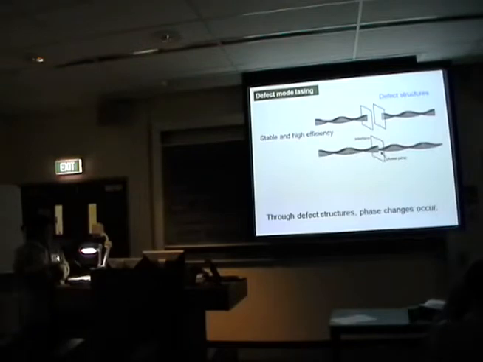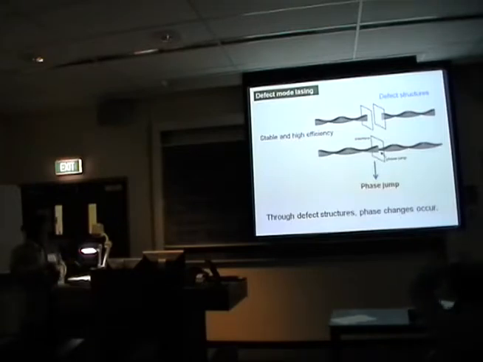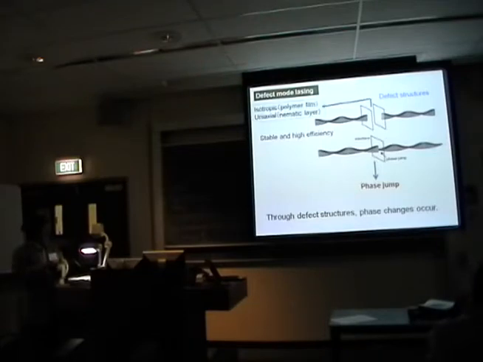A sudden change of phase is introduced between these two helical structures. This is one of the defect mode structures, and the other one is the insertion of a different layer.